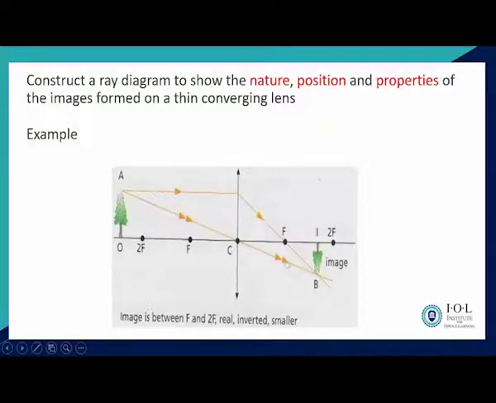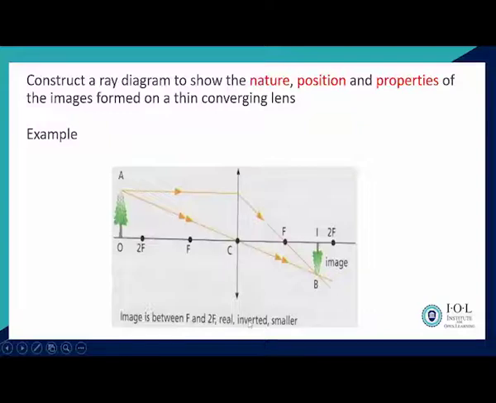Why is this image real? A real image is formed when rays pass through the lens. So for example here, these two rays, the central and the parallel ray, they pass through the lens. So any image that is formed when rays pass through the lens, we call that image a real image. Then the image is inverted. What is the meaning of inverted?